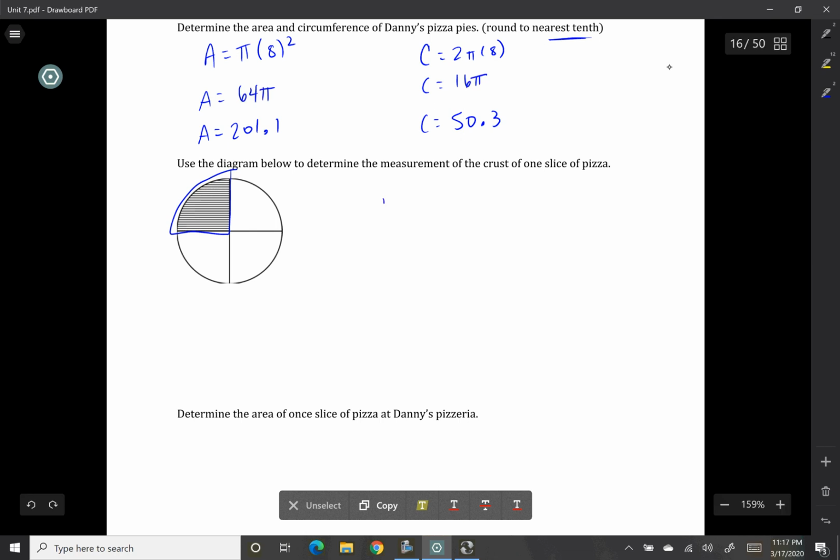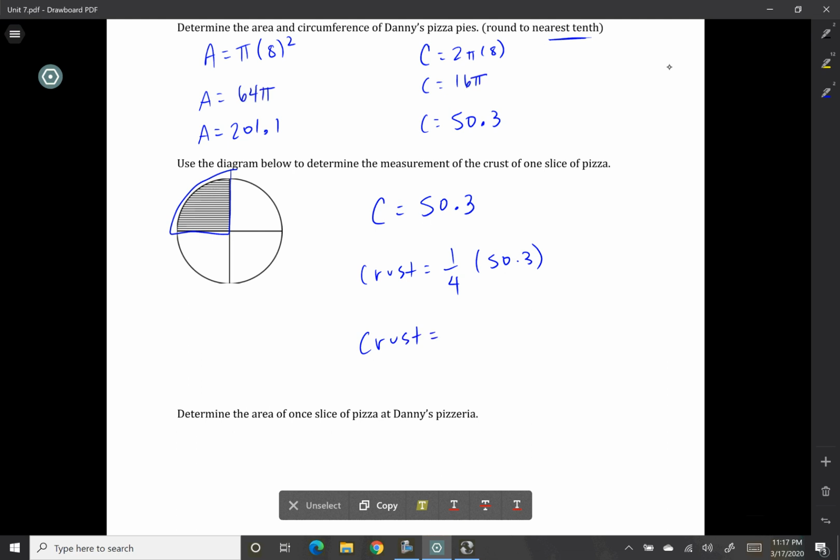So if I take the circumference, which is 50.3, and multiply the circumference for just the crust by 1/4, I know that the measurement of the crust of one of his slices of pizza is going to be about 12.6.